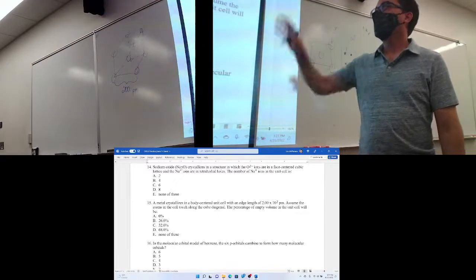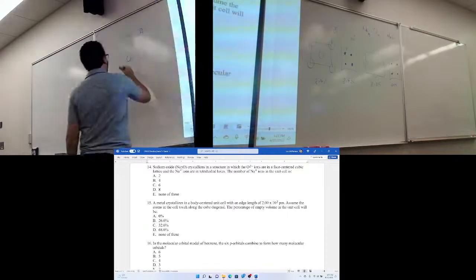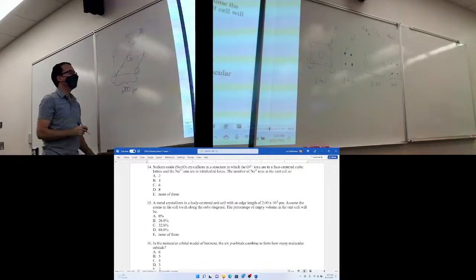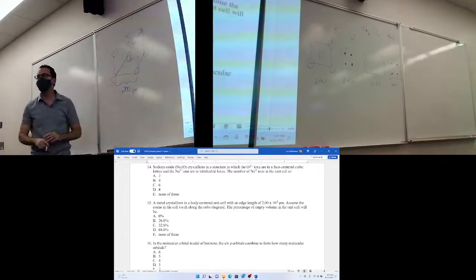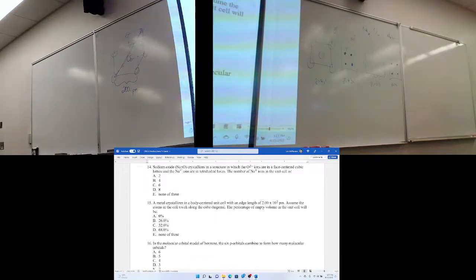I don't want to do this one because it's really just geometry. We'd be sitting here trying to figure out how you go from a side to a diagonal in 3D. But I think it was just memorized. If you memorize the packing efficiency, there's just three, one for each: 68, 74, 52.